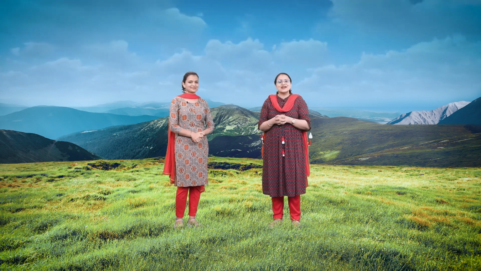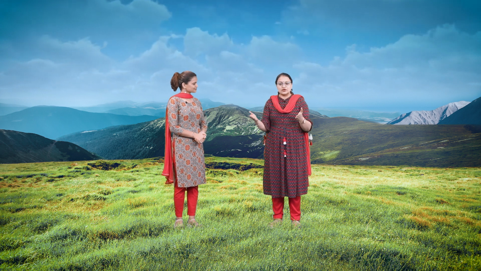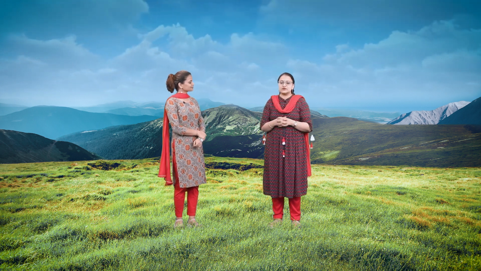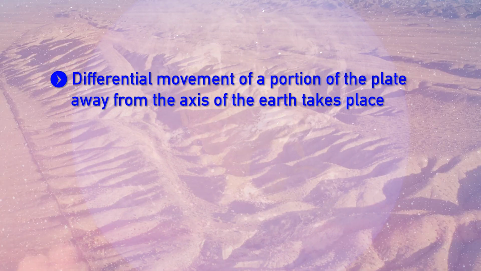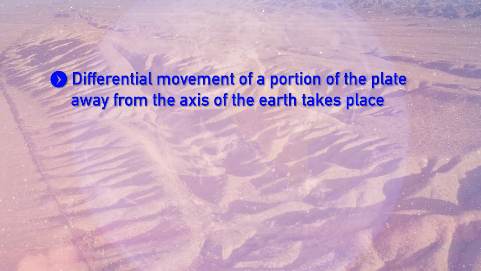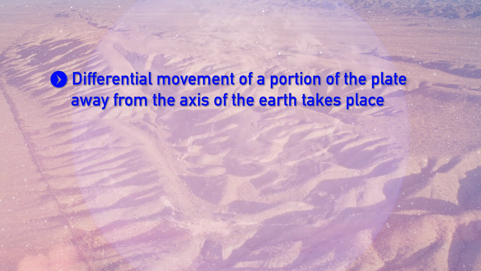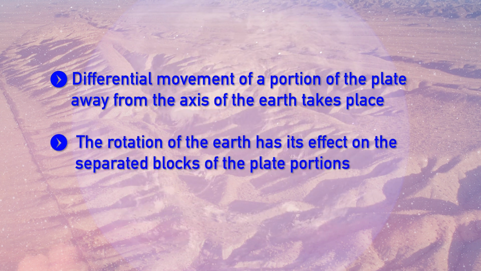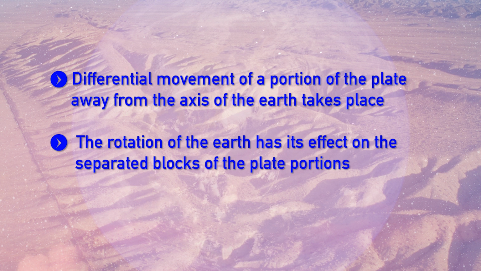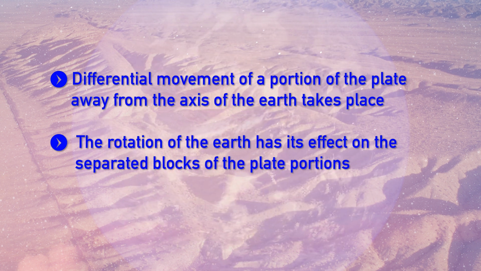Such boundaries are found generally near the divergent plate boundary where new lithosphere is being formed. Sometimes a differential movement of a portion of a plate away from the axis of the earth takes place. Also, the rotation of the earth has its effect on the separated blocks of the plate portions.